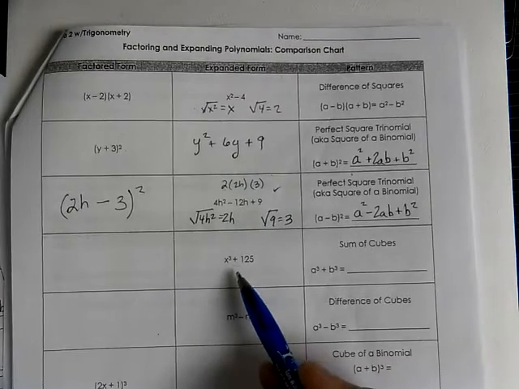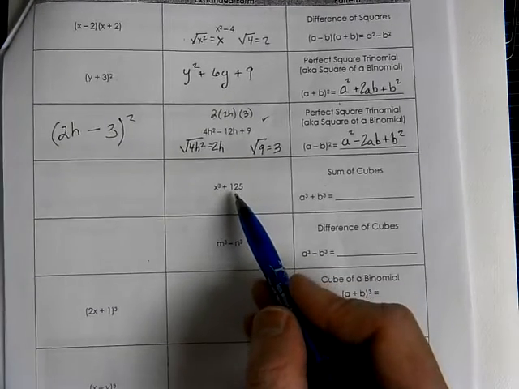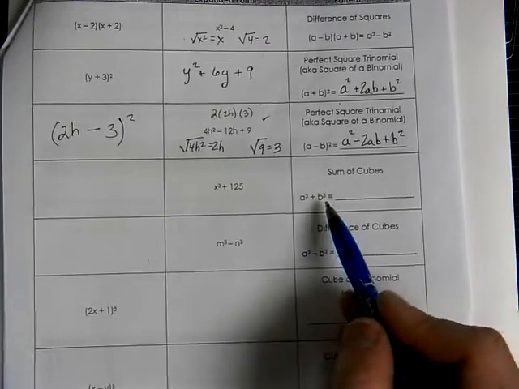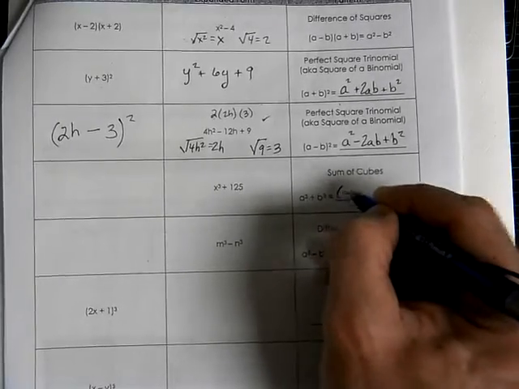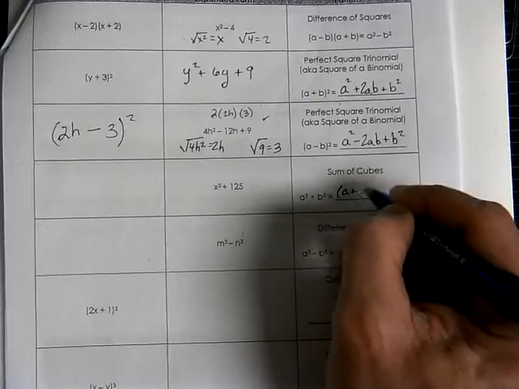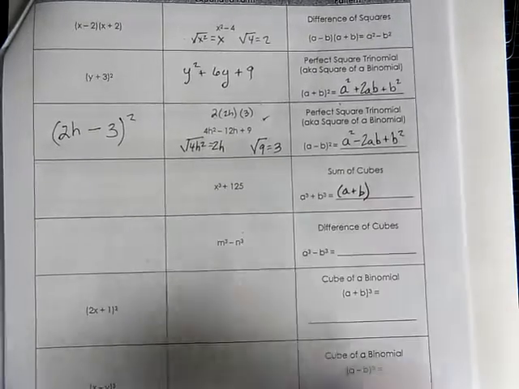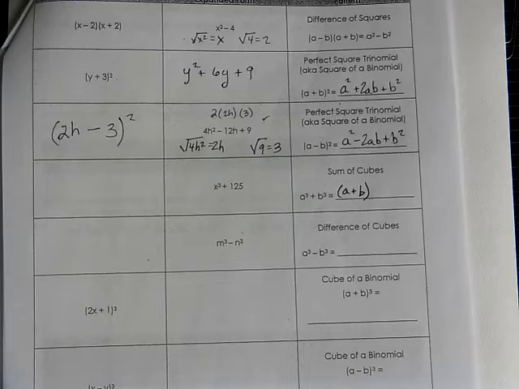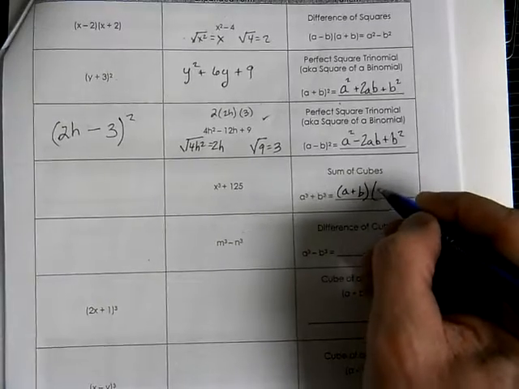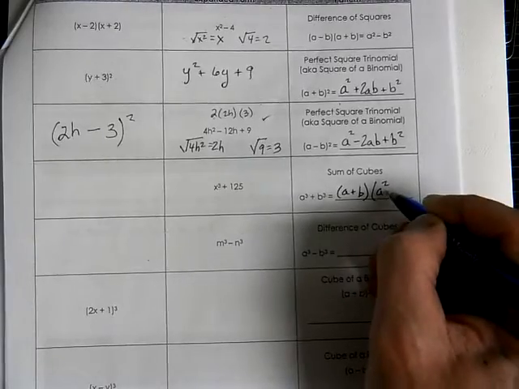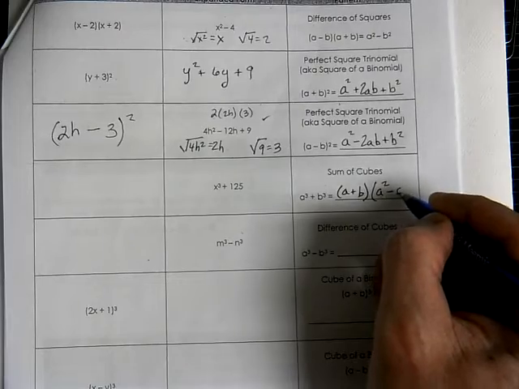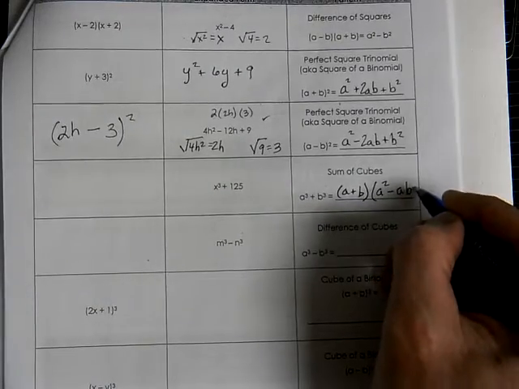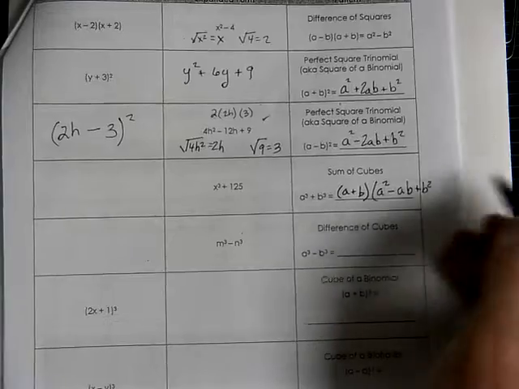Down here, we're at the sum of two cubes. The rule is that if we can take the cubed root of the first term and the cubed root of the second term, then we can put them in as a binomial. We square the first term, change the sign, multiply the two together, and square the b.